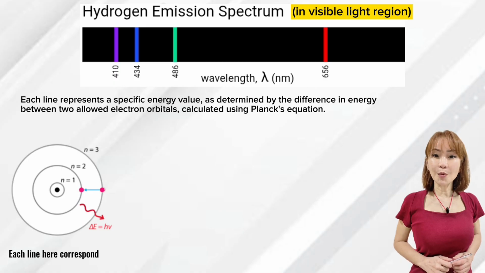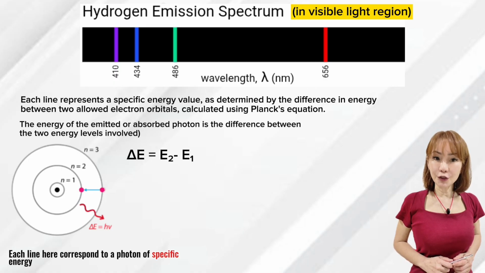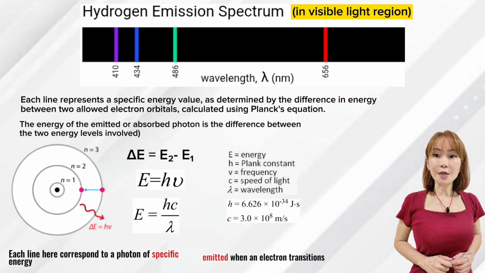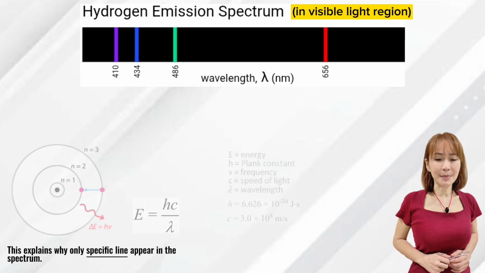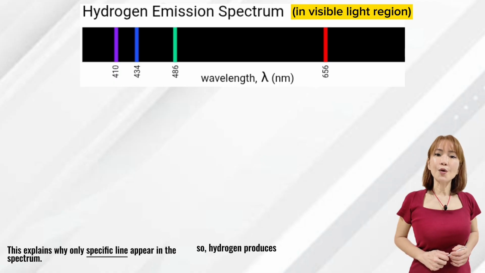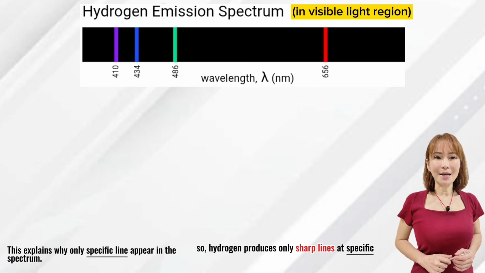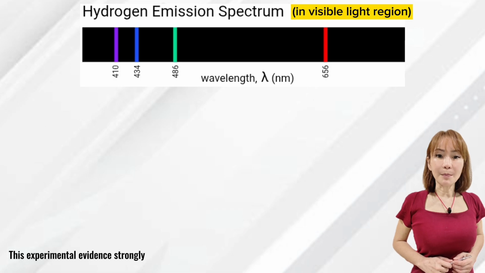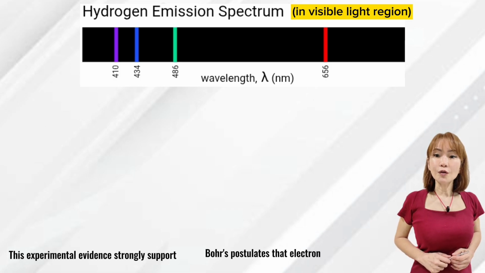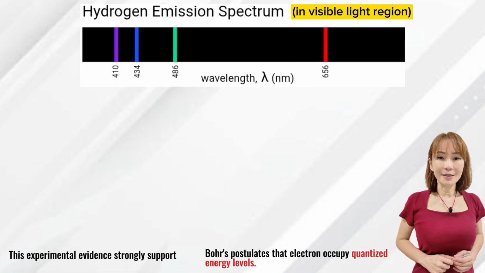Each line here corresponds to a photon of specific energy emitted when the electron transitions between two energy levels. This explains why only specific lines appear in the spectrum. So, hydrogen produces only sharp lines at specific wavelengths. This experimental evidence strongly supports Bohr's postulate that electrons occupy quantized energy levels.